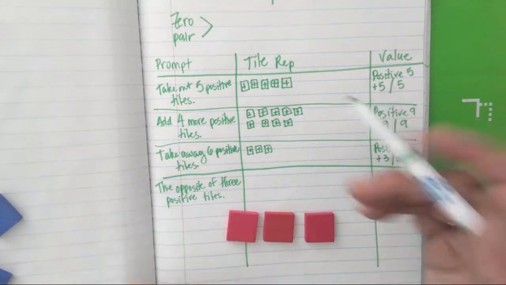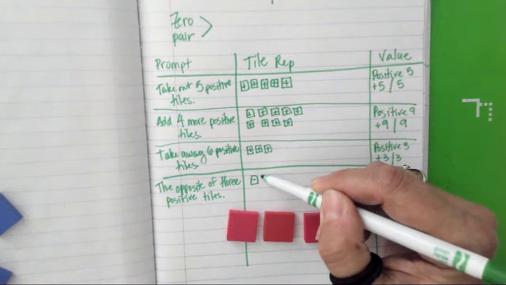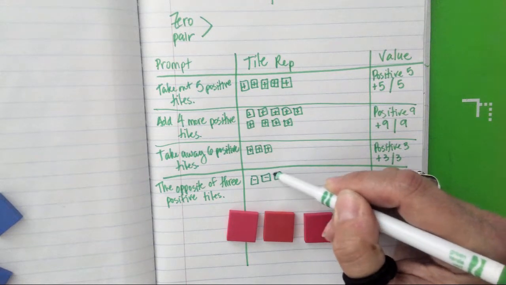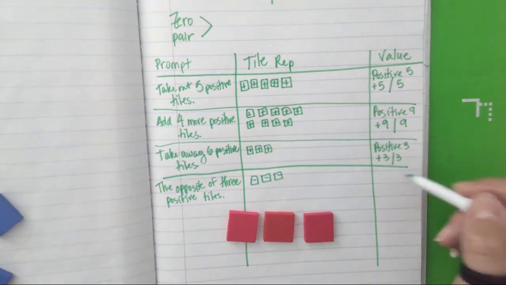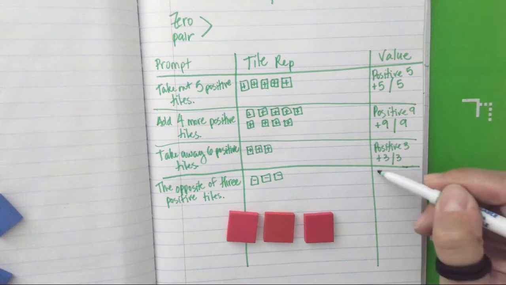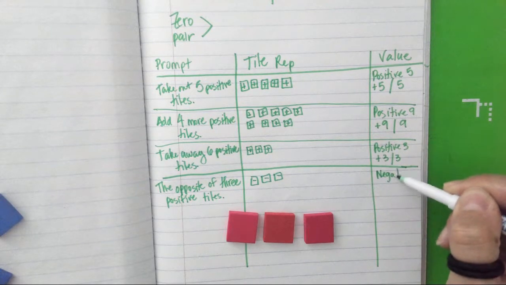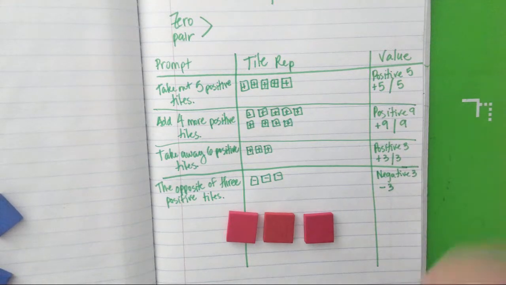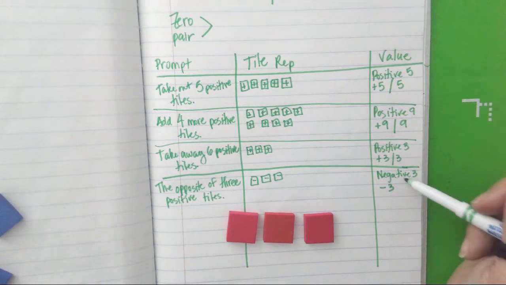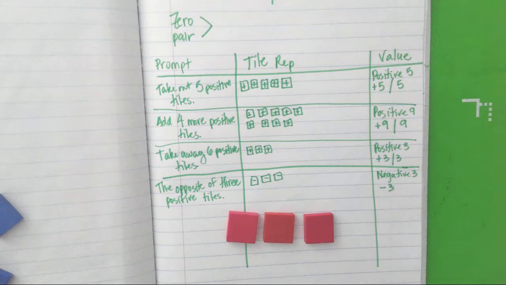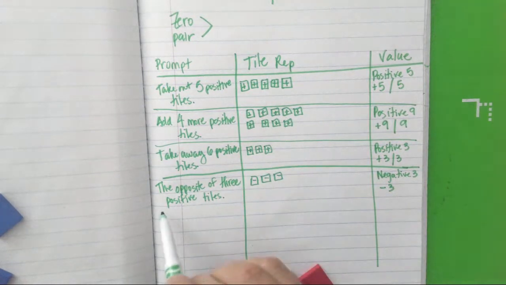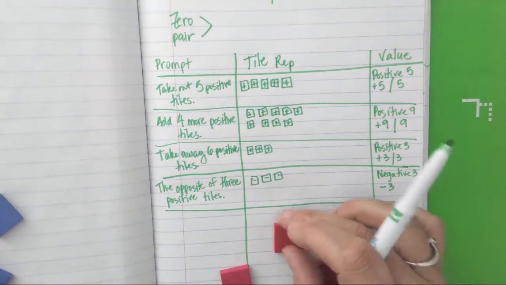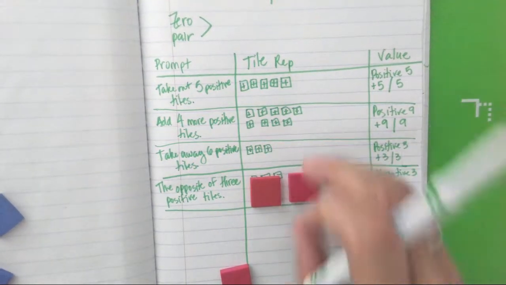Good job. So okay, how do I say this? What's the value? Negative 3, or -3. Okay? That's how I write -3. So I got my 3 tiles here, right?